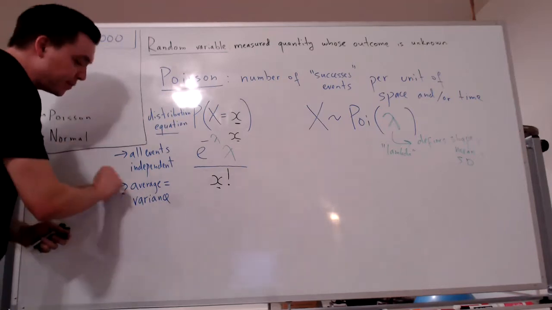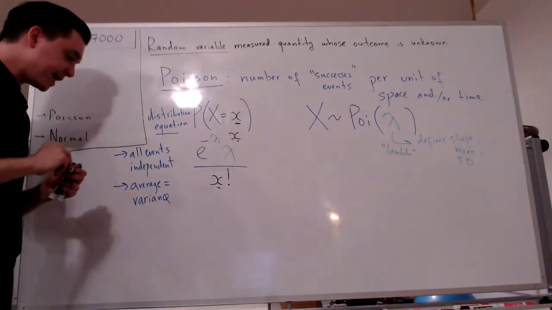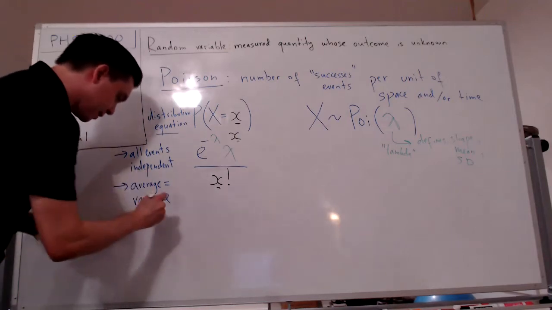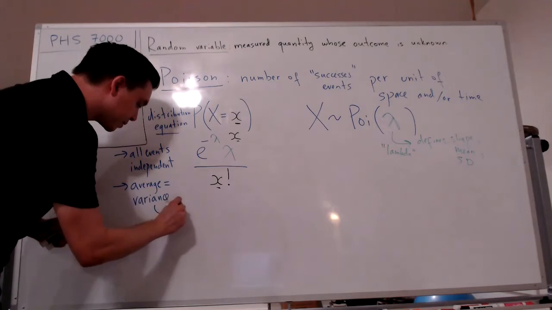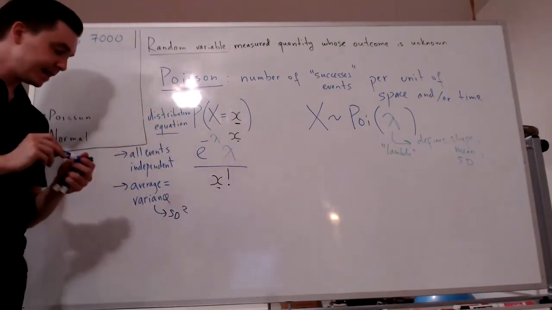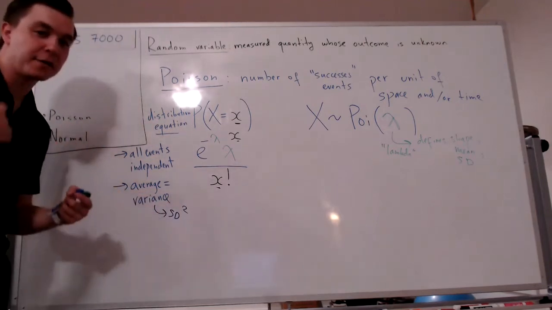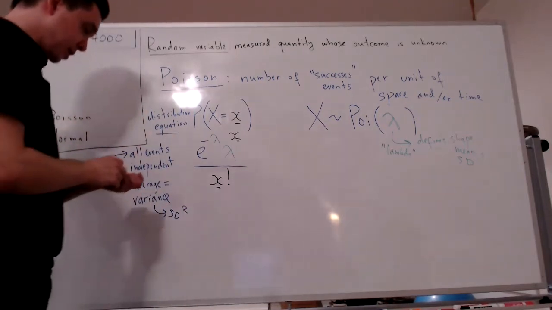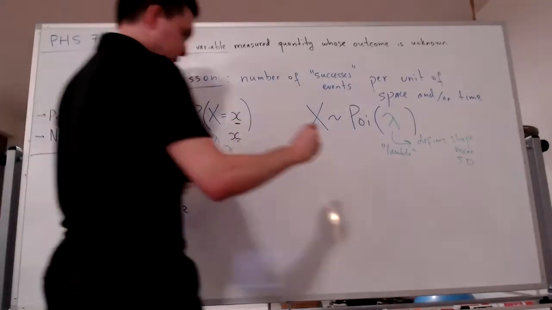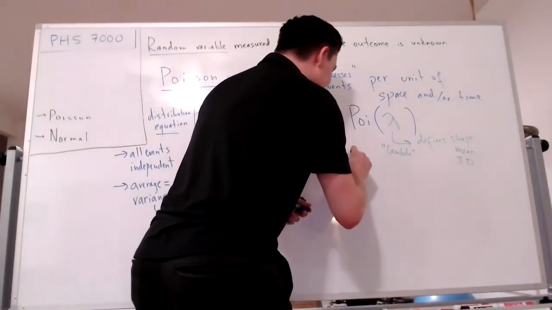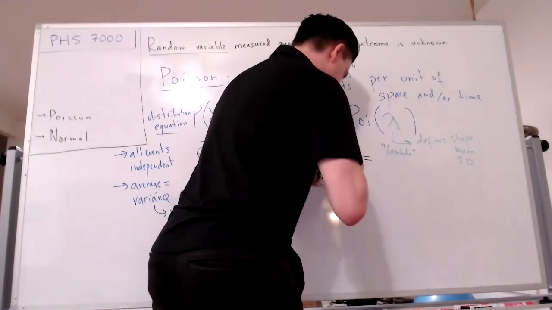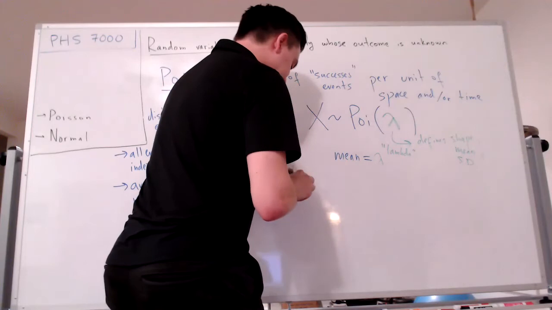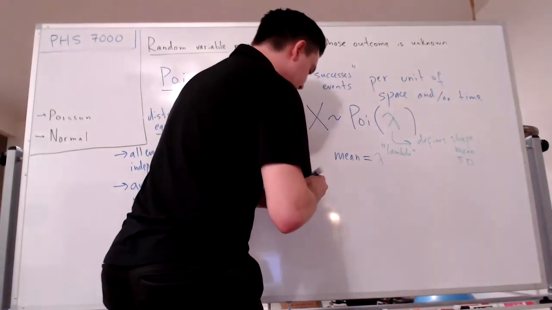So this last one is a bit technical, but it is not uncommon for the variance to often be bigger than the average, but this distribution very much assumes that the mean is equal to lambda and the variance is equal to lambda.